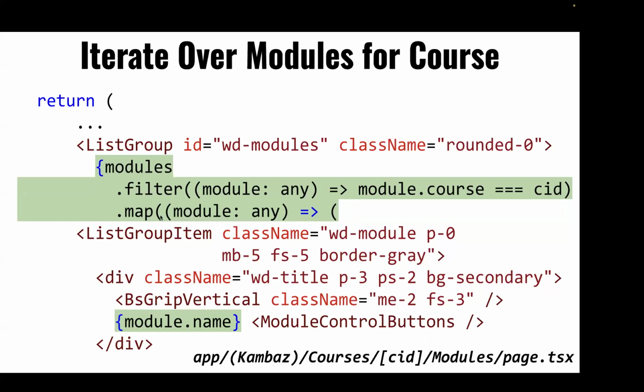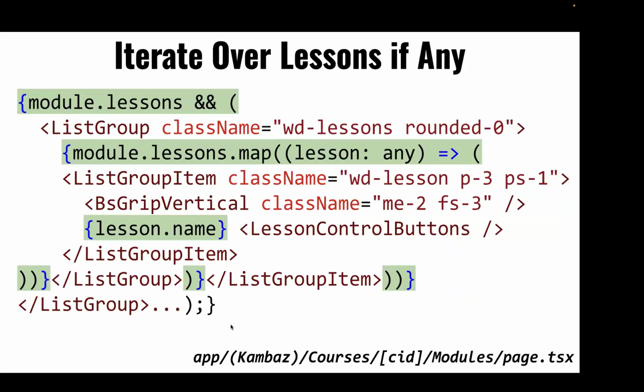Then we iterate over the surviving modules for that particular course, and then we can use the line items for each one of the courses as a template, and then we can dynamically render the name of the module, the description, and some modules might have an array of lessons, right?